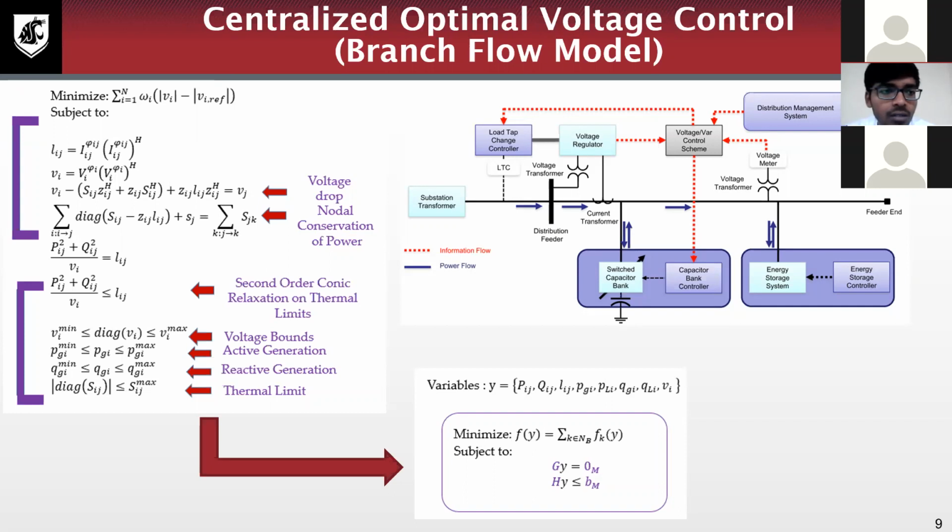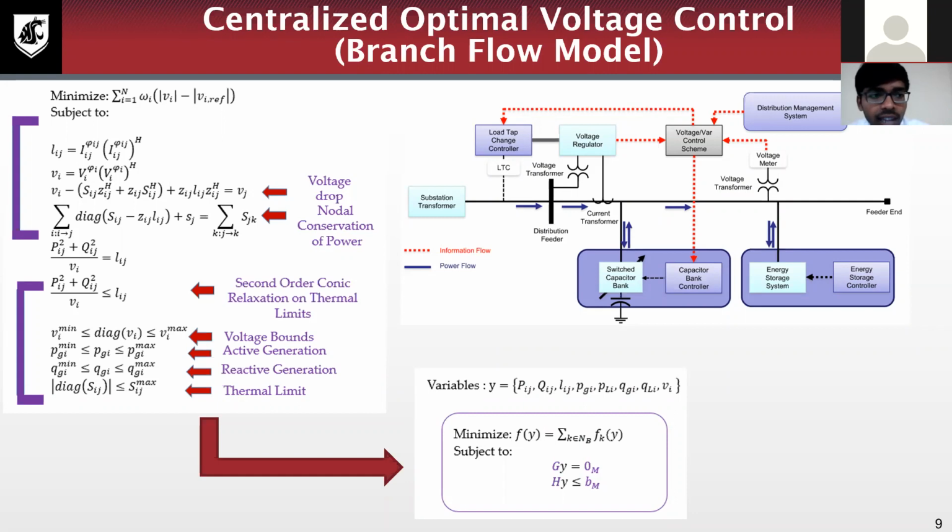Iij, phi ij basically means current in phase A, current in phase B, and current in phase C. So Iij, phi ij in the first equation is basically a 3x1 matrix, and Iij, phi ij Hermitian will be a 1x3 matrix.